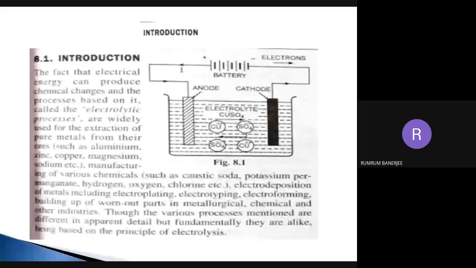Here the electrolyte used is CuSO4. The Cu plus ions and SO4 minus ions, negative ions, are moving in this electrolyte and ultimately through the electrolysis process energy is developed. In later stages we will see what actually happens in the electrolysis process.